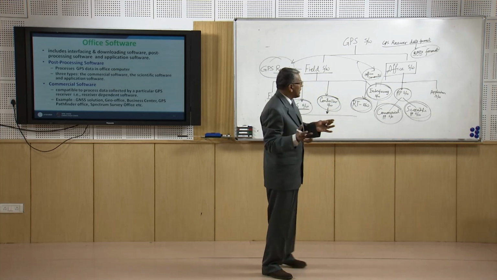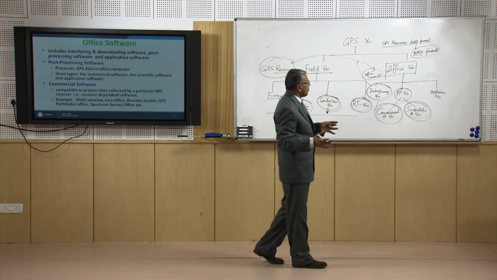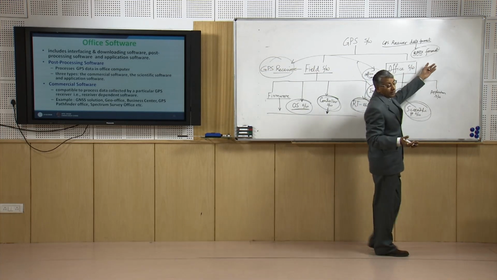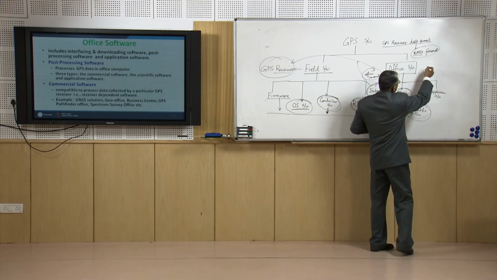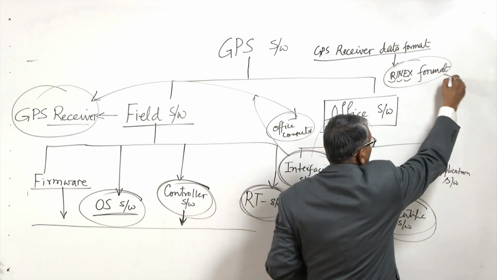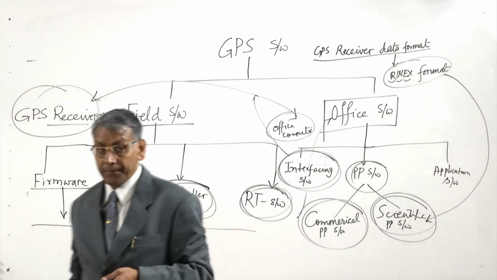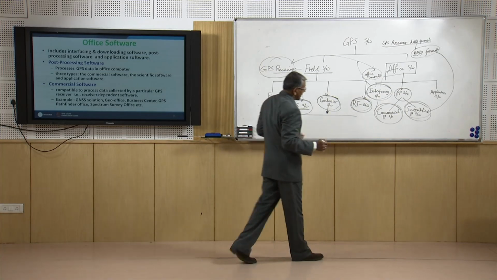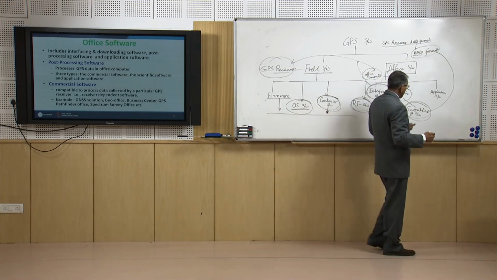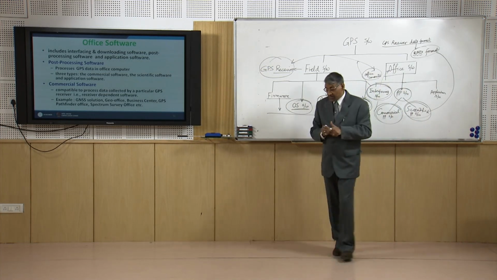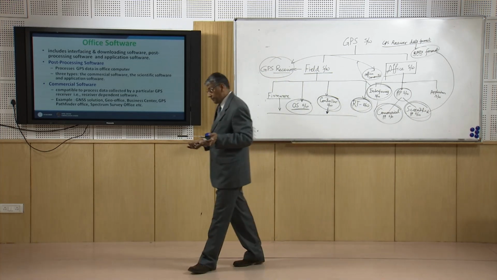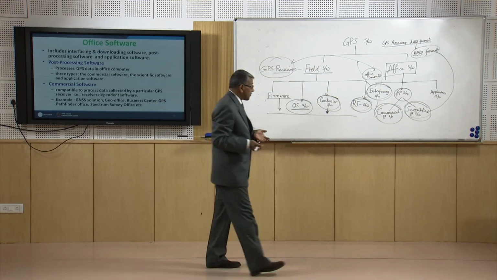All those data one can convert to RINEX format. When all data is in RINEX format, then we can import that data to scientific post processing software. So that is the idea of scientific post processing software. It can process data from different types of GPS receiver.